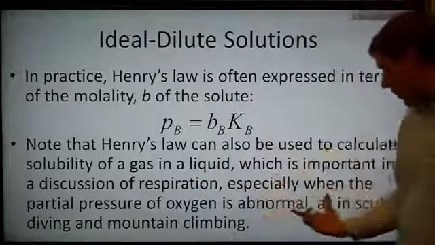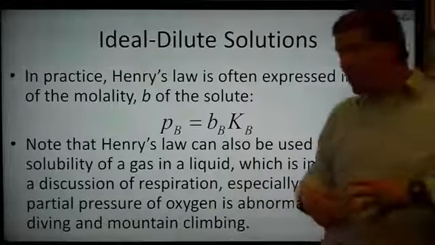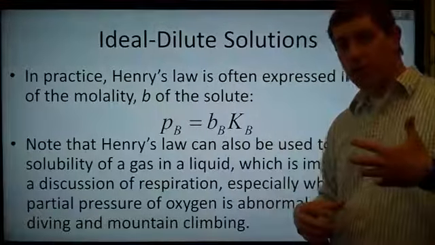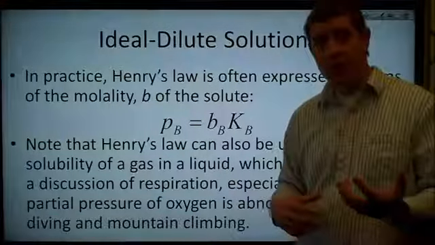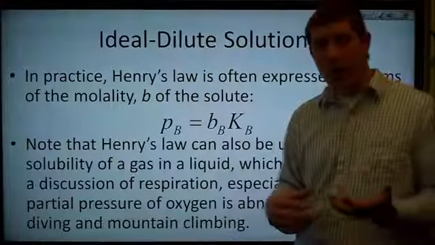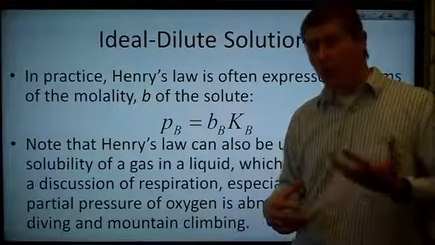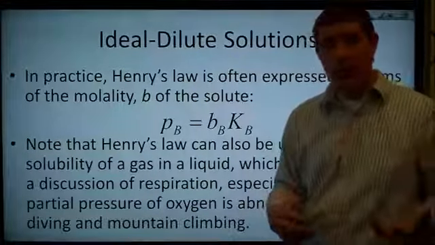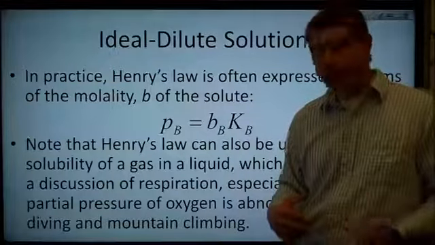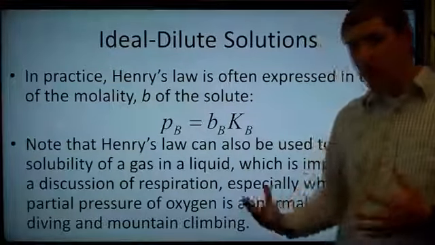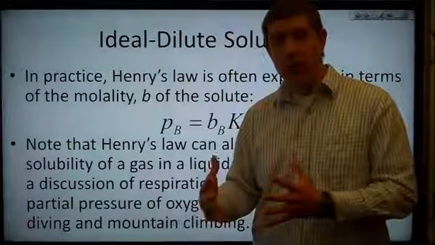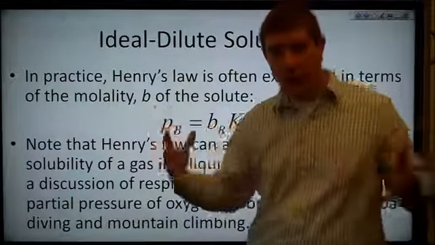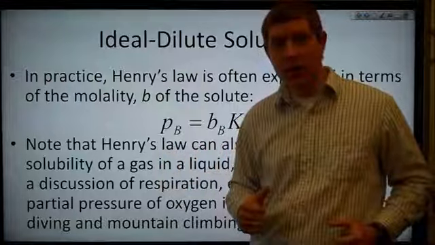On the other hand, if we go scuba diving, we don't need as much of a fraction of oxygen in the air because the total pressure is higher. We only need around 0.2 atmospheres of oxygen. In scuba diving, the total pressure of air in your lungs is much higher because you've got all this weight of water pressing down on you.